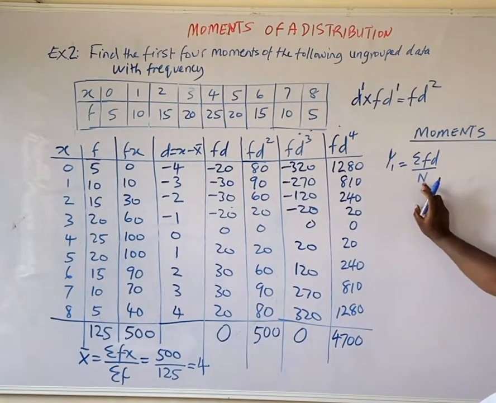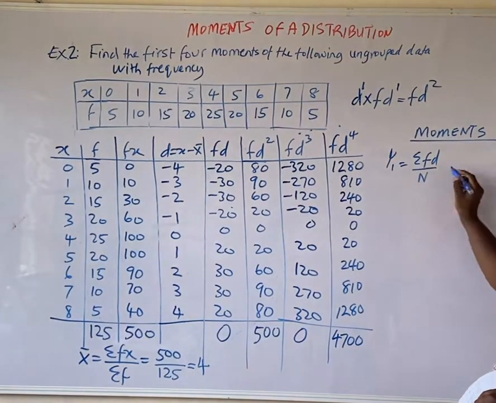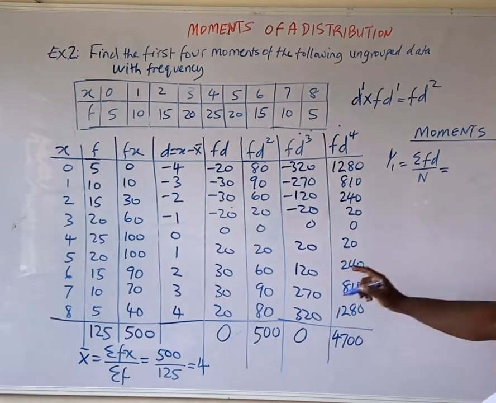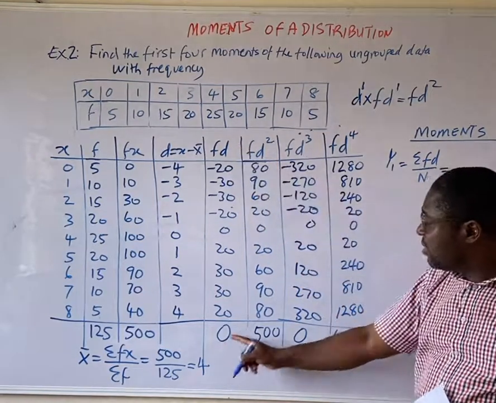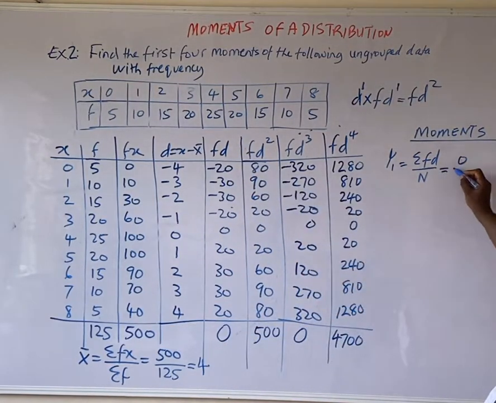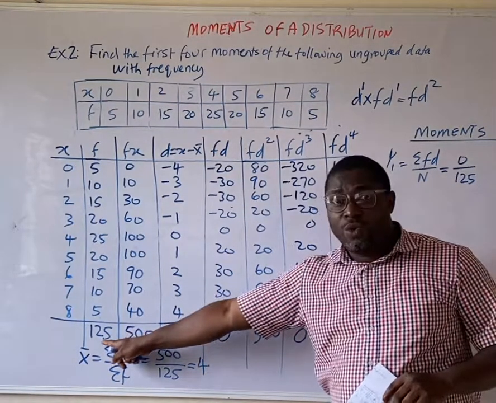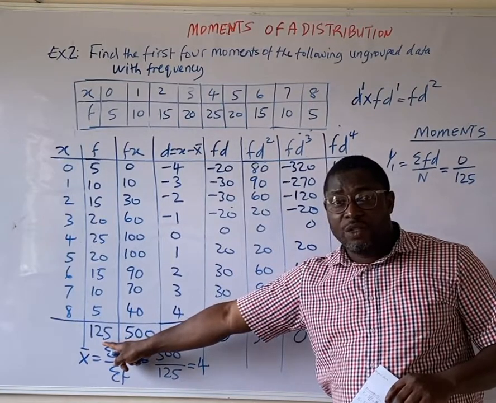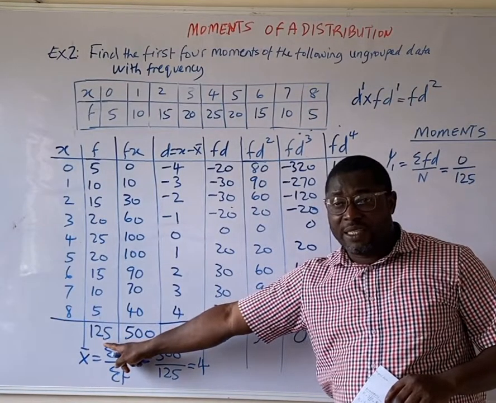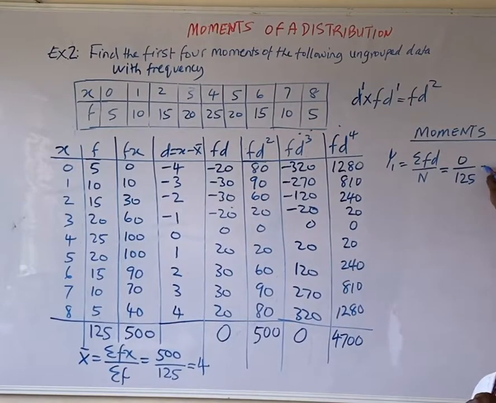It's a large sample. So summation Fd, which is 0, all over 125. Our N is the value of the summation of the frequency, that's 125, and that's going to give us 0.